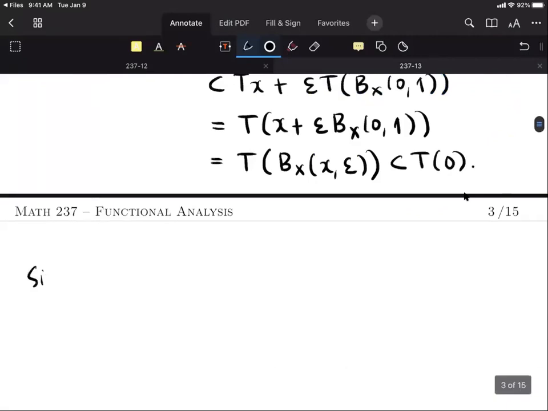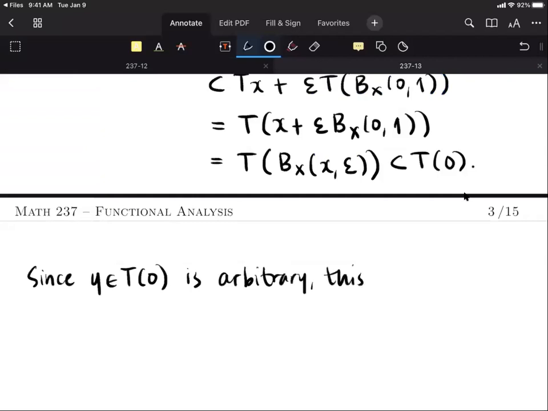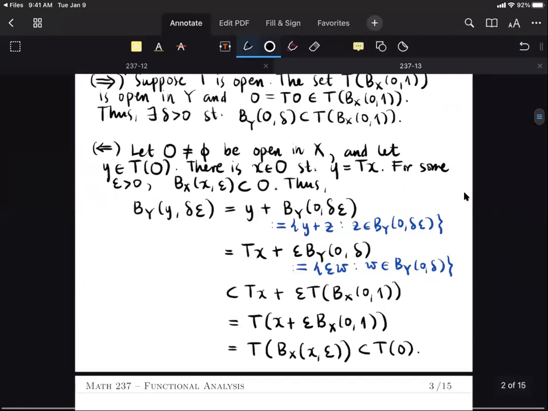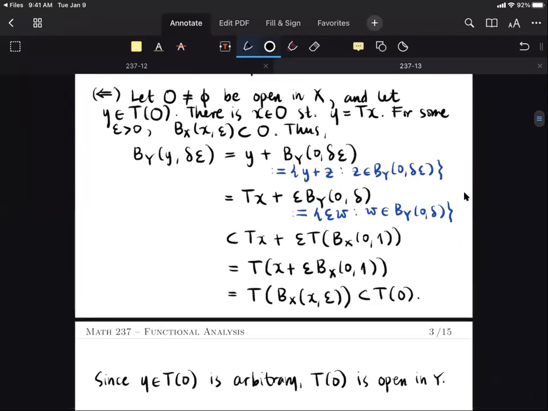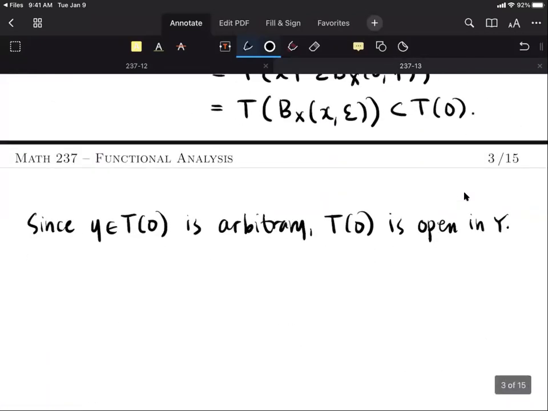So since y is arbitrary, this implies that T of O is open in Y. And this is true for any non-empty open set in X. The case of O being empty is trivial, therefore T is open.